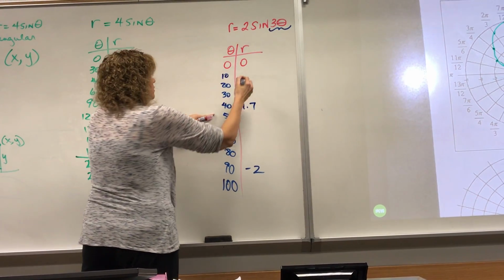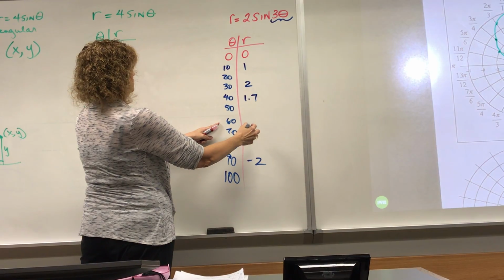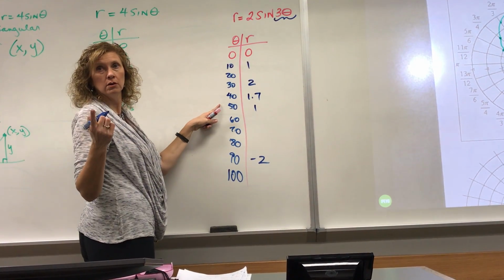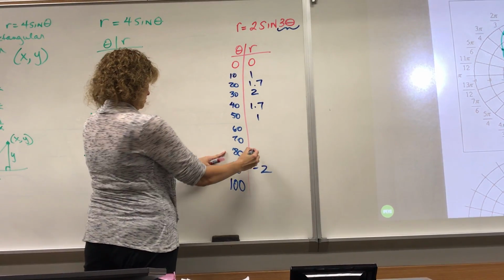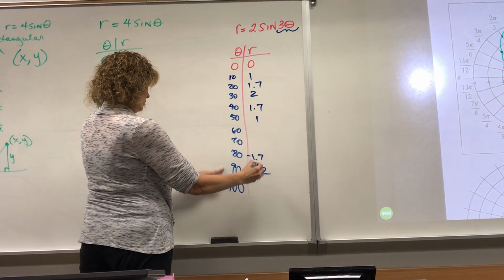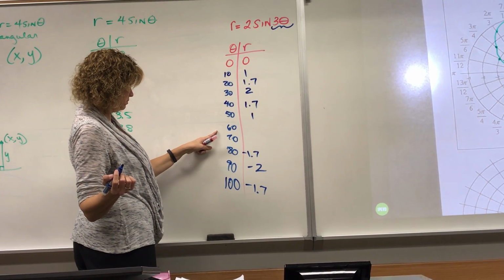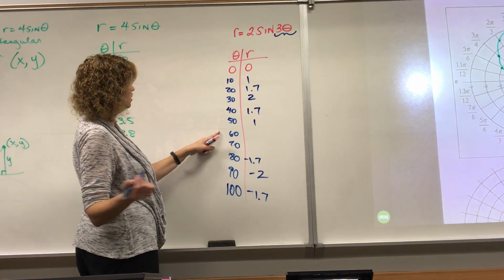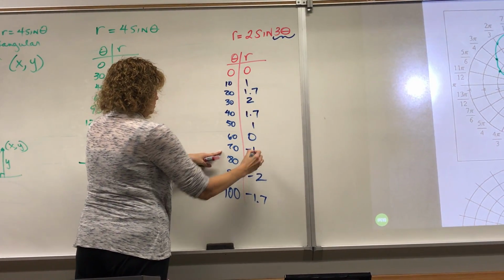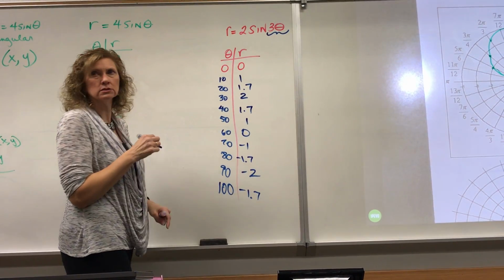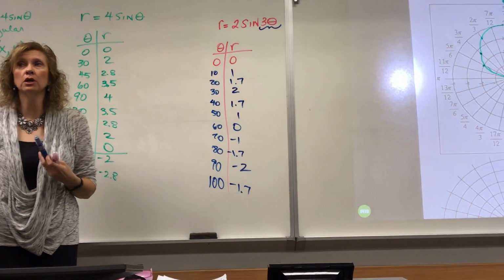Emily? 10 is 1. 50 is 1. 80 is -1.7. 100 is negative 1.7. Sarah, what'd you get? Absolutely nothing, 0, on 60. Yep. 70 is -1. Wow, look at this, the symmetry. There is symmetry. Your book does talk about symmetry.